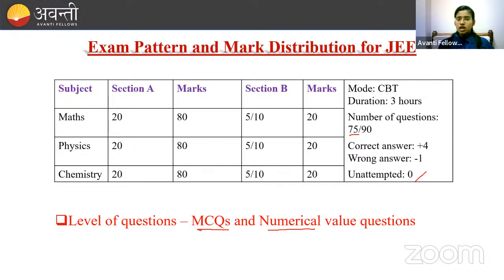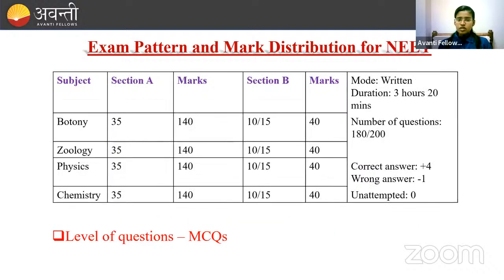Now let's see the exam pattern and mark distribution for NEET. Here we have 4 subjects: botany, zoology, physics, and chemistry. Here also we have 2 sections, A and B. Section A consists of 35 questions, and section B consists of 15, and you need to attend only 10.